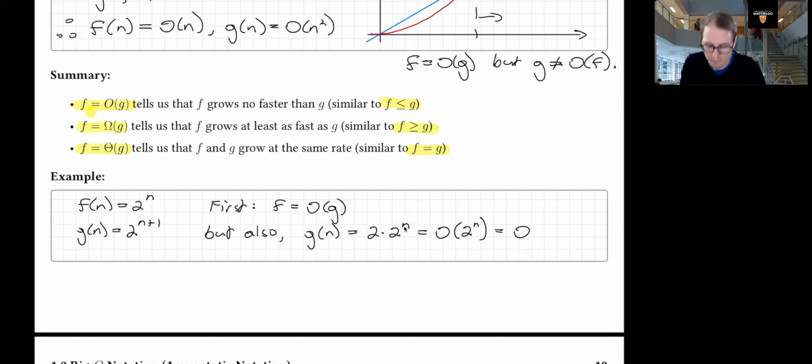And 2 to the n is f, so this is big O of f. So we have f is big O of g, and we also have that g is big O of f. And that then implies that f is equal to big theta of g. So these two functions grow at the same rate because they differ only by a constant, essentially.